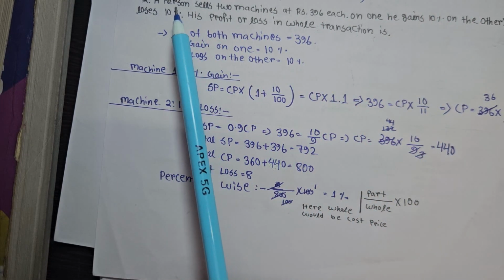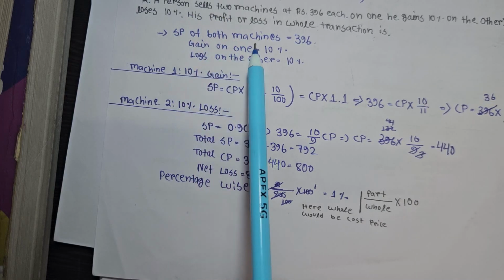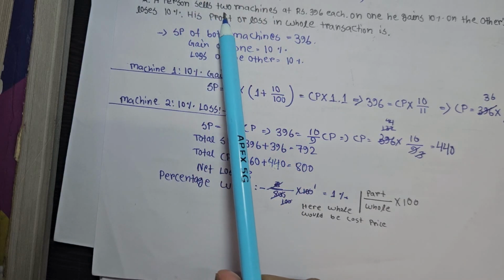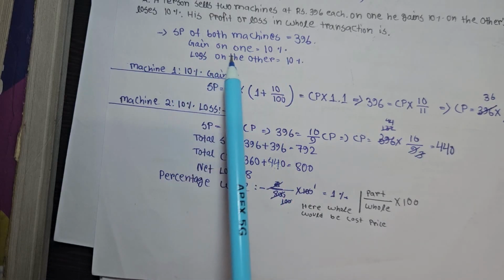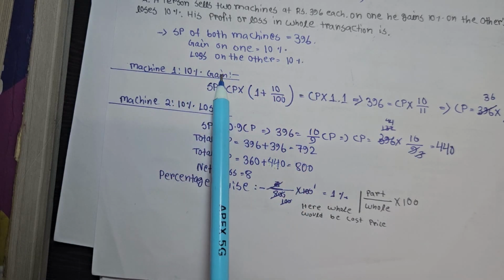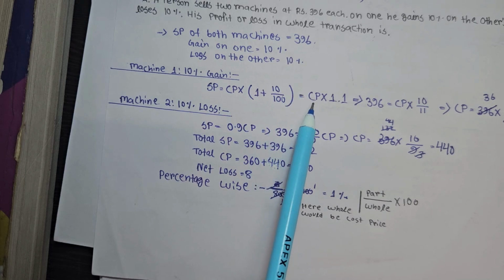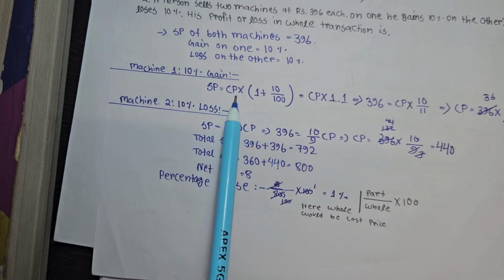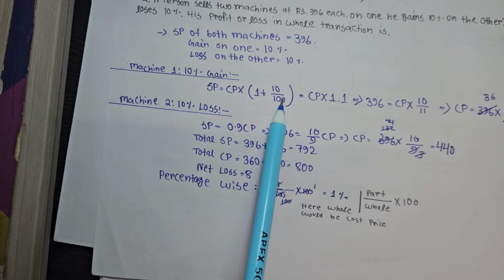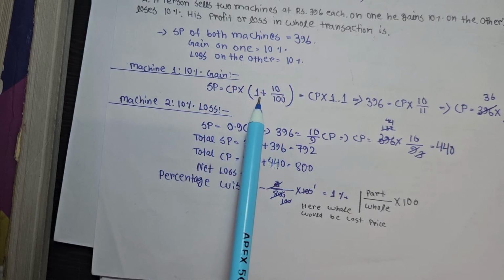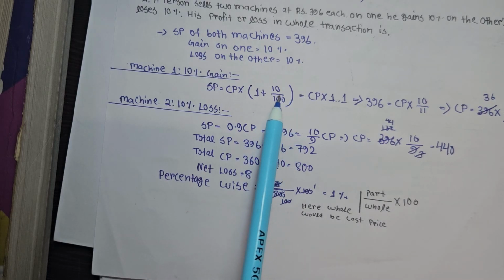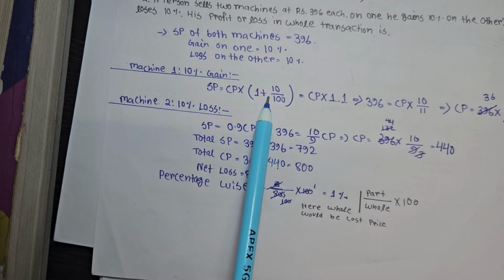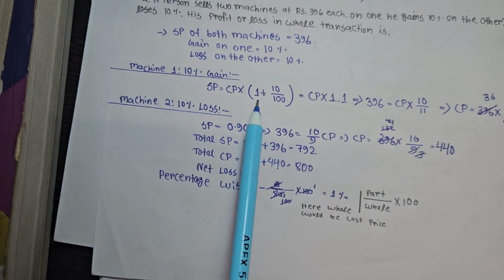No. So let's see. The selling price of both machines is 396, because a person sells two machines at 396 each. The gain percentage is 10, the loss percentage is 10. In machine 1, with the gain percentage, SP equals cost price into 1 plus 10 by 100. It is the formula. 10 by 100 is 1 by 10, which is 0.1, so 1 plus 0.1 is 1.1.